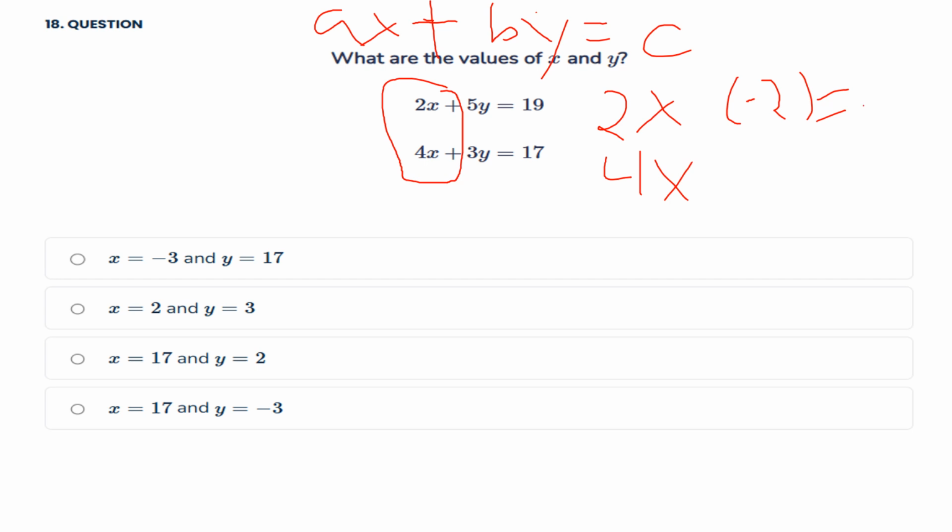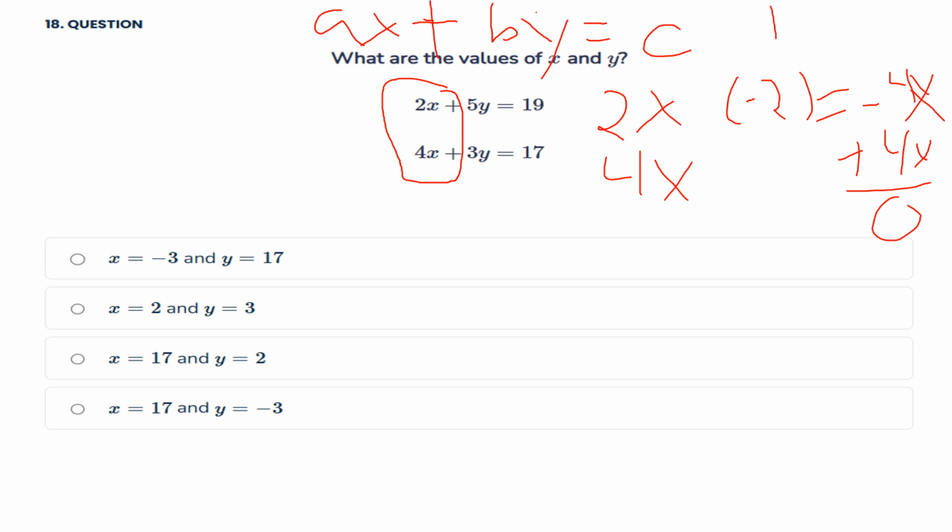So if you add negative 4x plus 4x, that cancels out to 0. Since we know that negative 2 cancels out that x variable, we are going to use negative 2 on that top equation to be able to cancel out x completely.